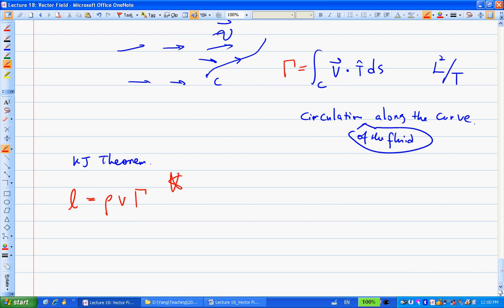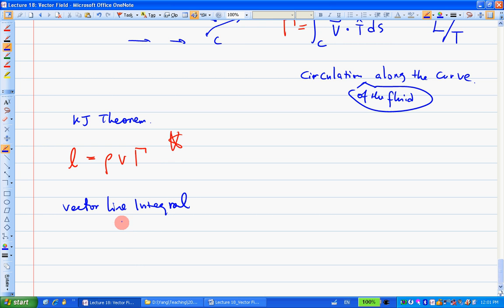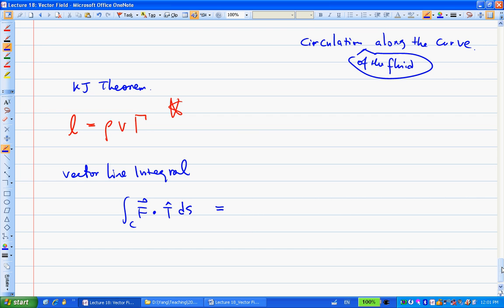So we can rewrite the equation of this vector line integral. I'll use f dot t hat ds. f, we're not going to change; that will be based on the question.